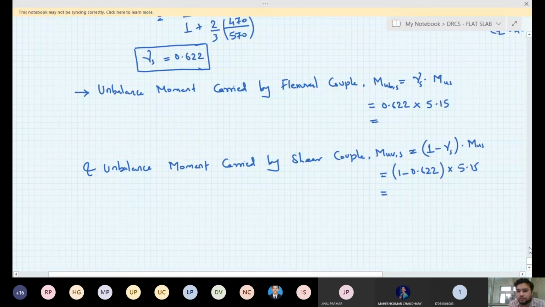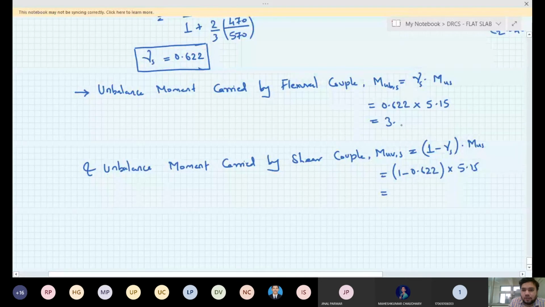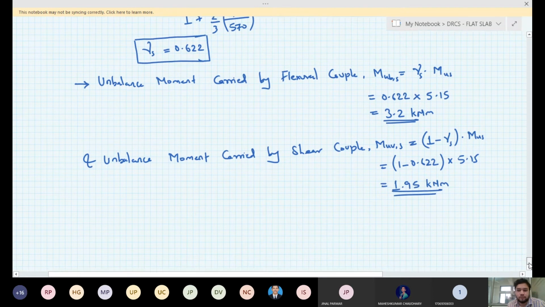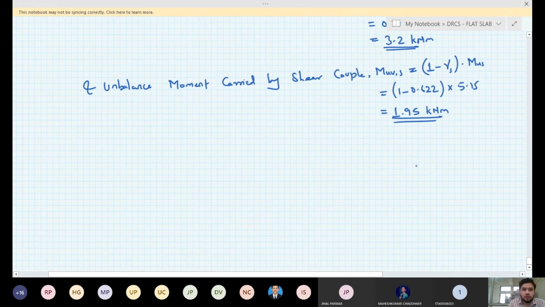So how much is this value? So this will be around 3.2 kilonewton meter. Just check it, and this will be 1.95 kilonewton meter. Just check it. So we stop here.